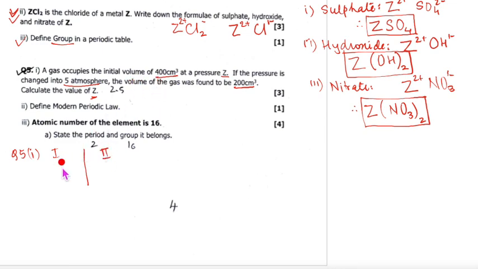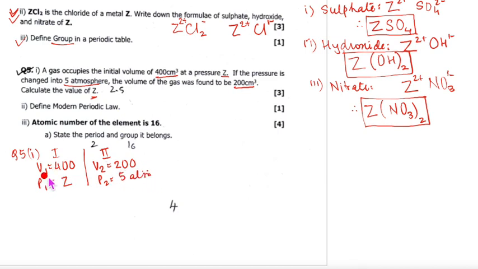If we have initial volume, that means V1 is equal to 400 centimeter cube and the pressure P1 is going to be Z atmosphere and the V2 is 200 centimeter cube and our P2 is 5 atmosphere.